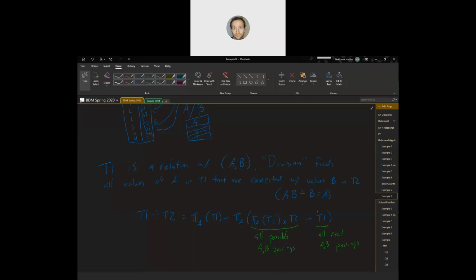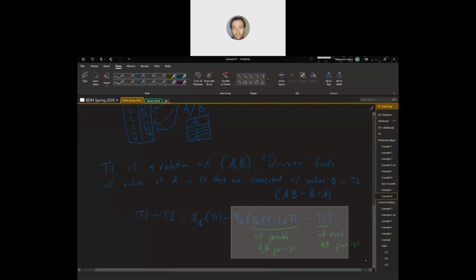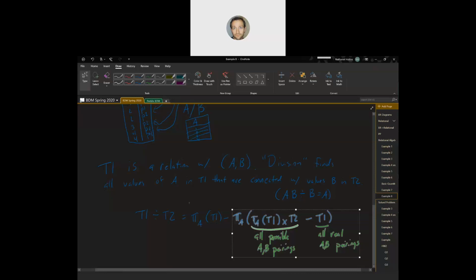What remains are the pairings that don't exist. And for the pairings that don't exist, you remove from that the pairings that are actually there.